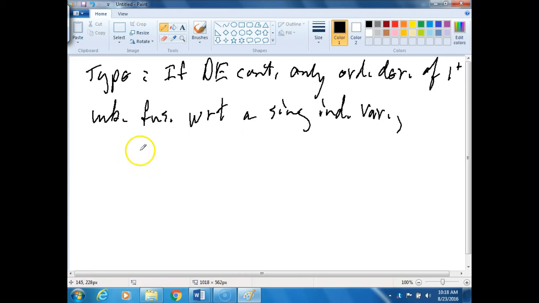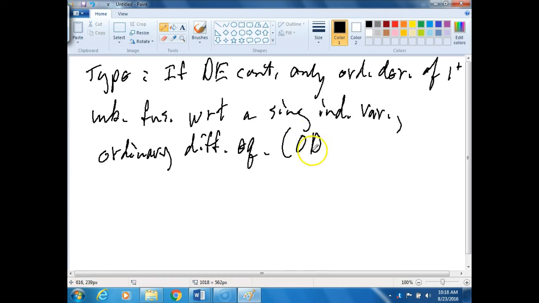Then this is said to be an ordinary differential equation, called an ODE.